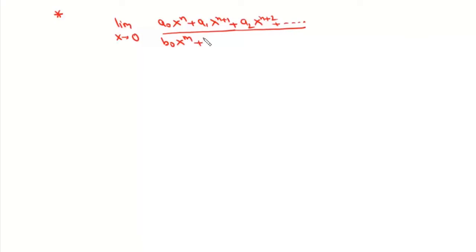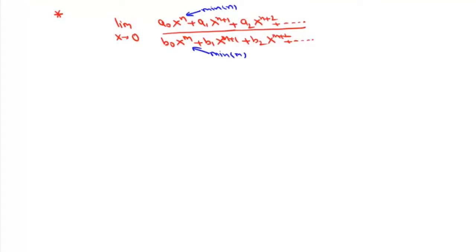So if we have this limit, x tends to 0, a naught x to the power n plus a1 x to the power n plus 1 plus a2 x to the power n plus 2, and this series continues up to infinite, upon b naught x to the power m plus b1 x to the power m plus 1 plus b2 x to the power m plus 2 up to infinite. Now here the minimum power of x in the numerator is n, and in the denominator the minimum power of x is m.